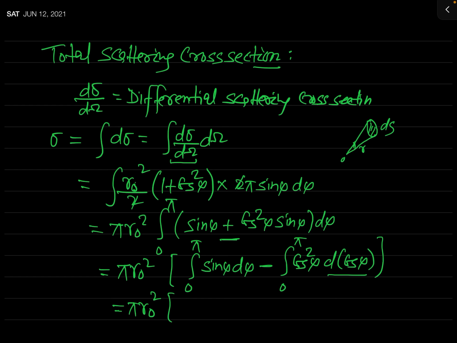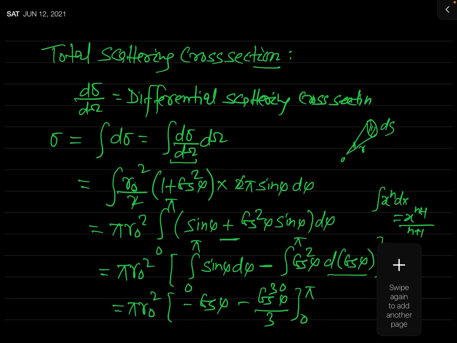This will be simply minus cos φ, and here the formula used for the integral of xⁿ dx, which is xⁿ⁺¹ over n+1, will be utilized. Here in place of x there is cos φ, and in place of n there is 2. So this will be simply minus cos³ φ over 3, and limits are 0 and π.